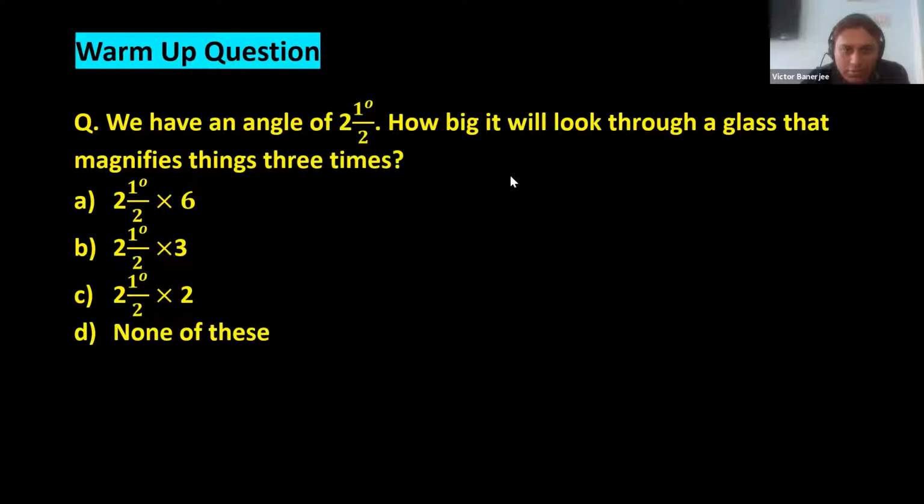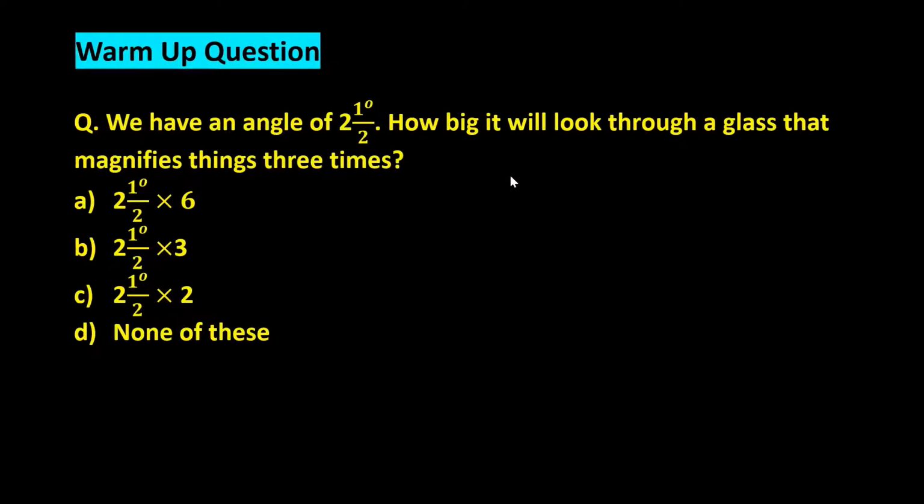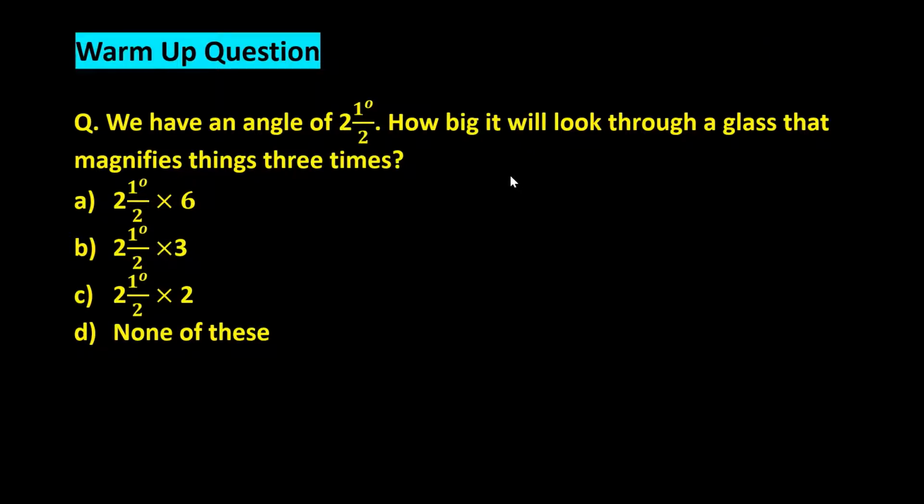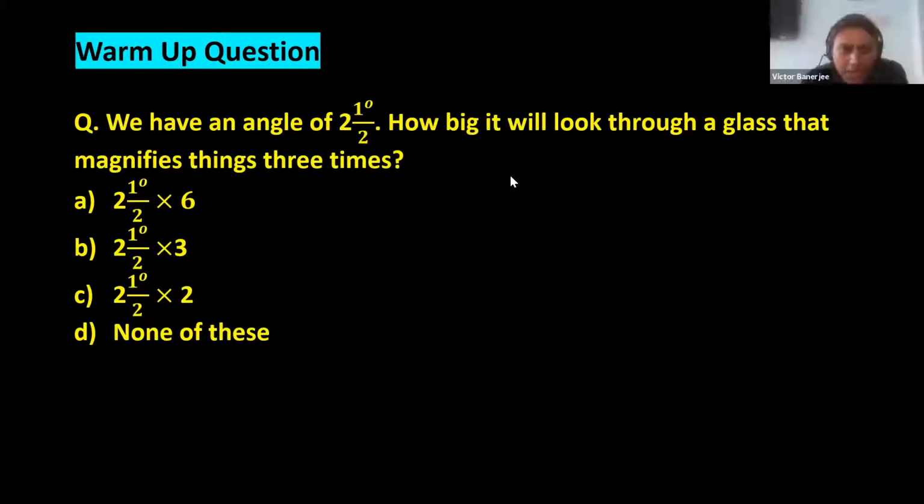So D. B. Okay, who said B? Vanshika. Others? B option. Manisha, which option? Sanchita.